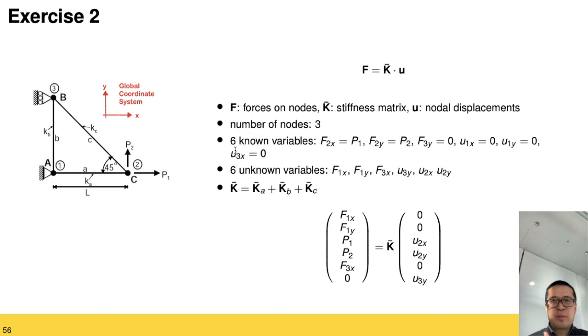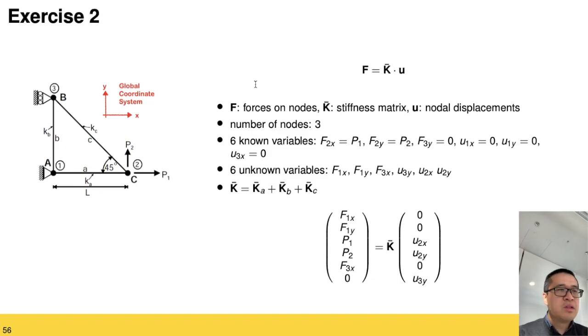Force is a 6x1 vector, and U is a 6x1 vector as well. That means our K, the stiffness matrix, will be a 6x6 matrix.